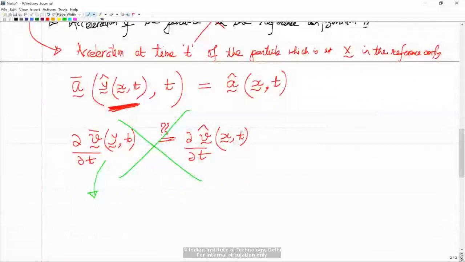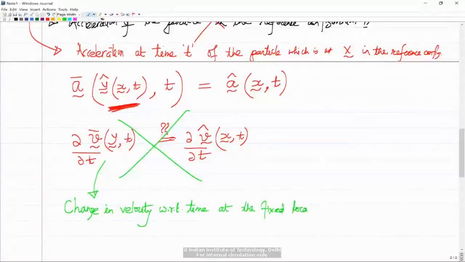This means change in velocity with respect to time at the fixed location y, because when you do that derivative you have to keep y fixed. And what is the right hand side?